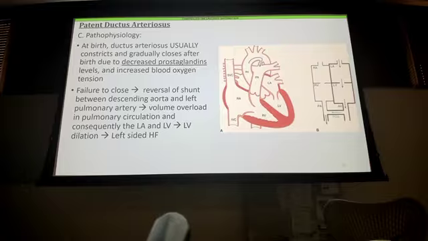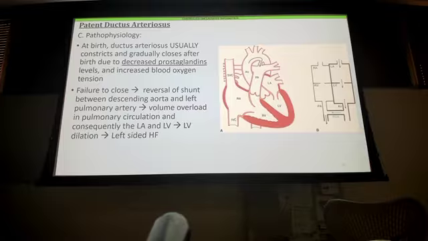So what ends up happening, if this doesn't close on its own, the pressure in the aorta is higher than the pressure in the pulmonary arteries, which is a reversal of what happens in fetal circulation. And what happens then is you have oxygenated blood going through this pathway, this ductus arteriosus, into the pulmonary arteries to become oxygenated again.